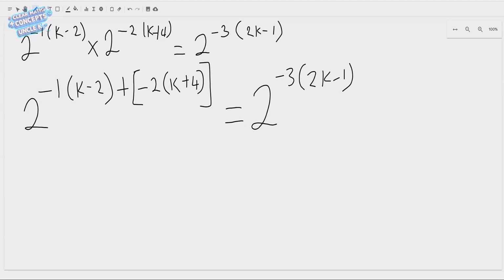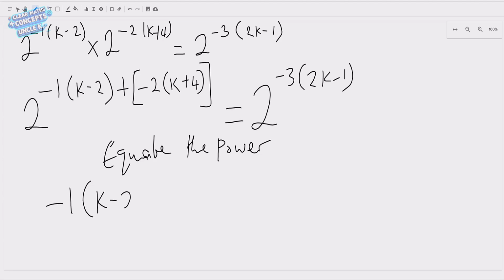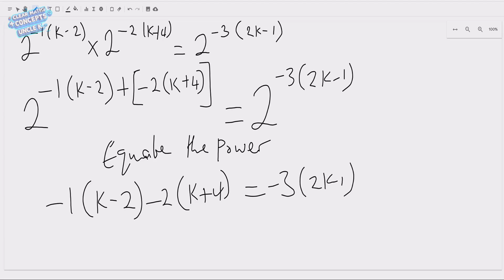Alright, so you have equal base now, right? So you can equate the power. So equating the power, what do we have? You have minus 1 into k minus 2. So you can just open it. Plus times minus will give you what? Minus 2, k plus 4, plus minus 3 into 2k minus 1.